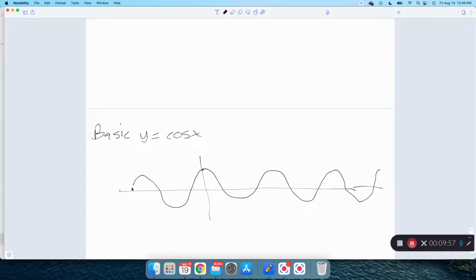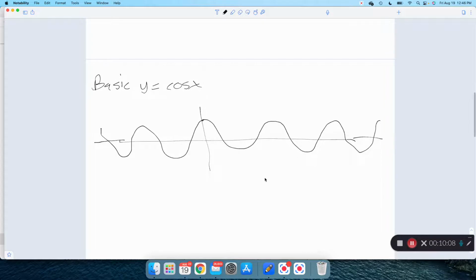Remember, our domain of sine and cosine for both was all real numbers. I can plug in any angle I want, and my range was -1 to 1. This guy goes all the way up to 1, down to -1. My period, my distance between, say, one crest and the next. Here's one complete cycle.